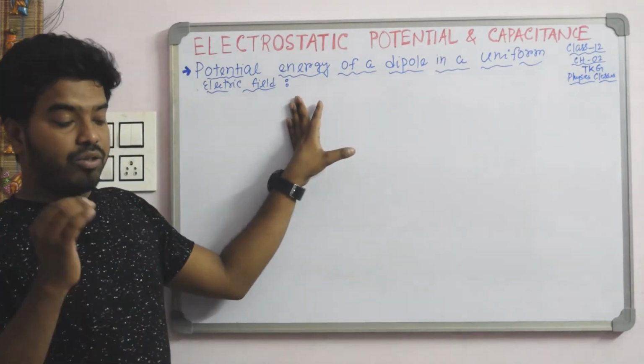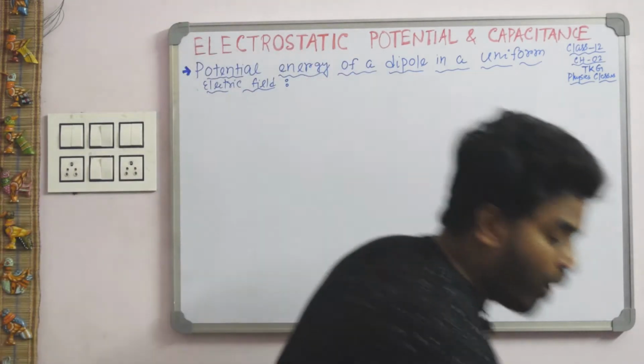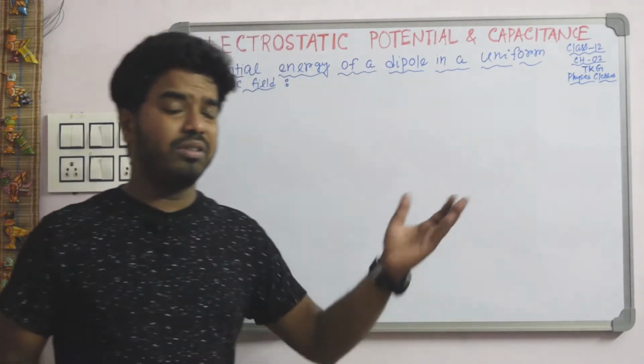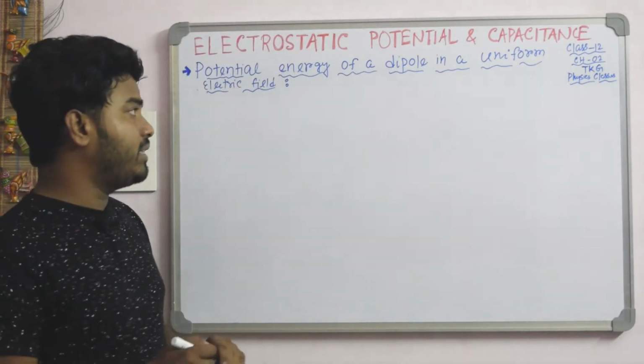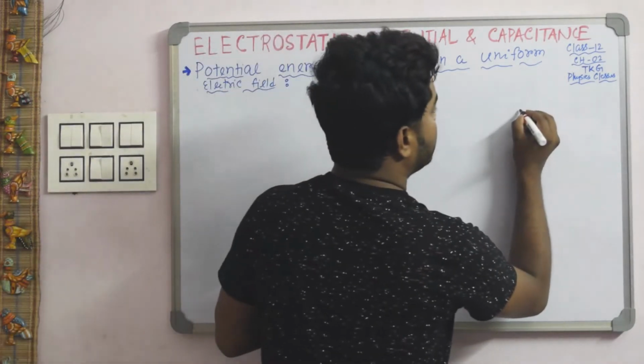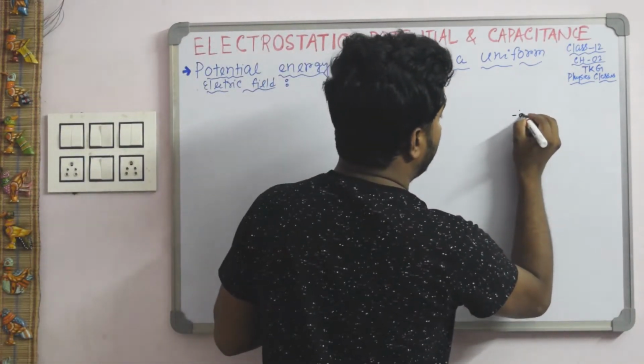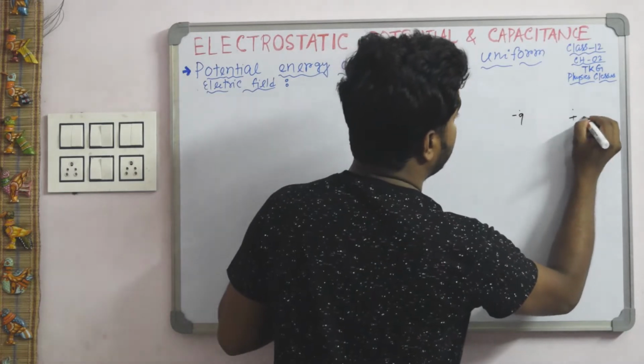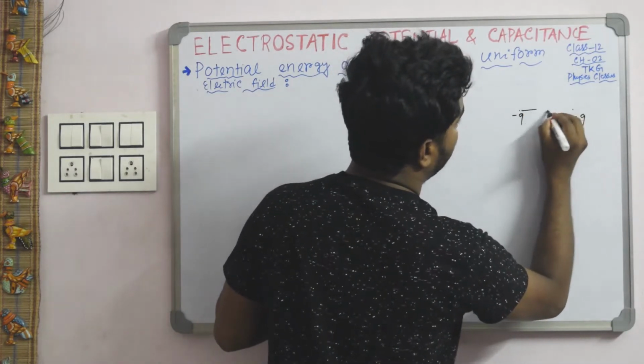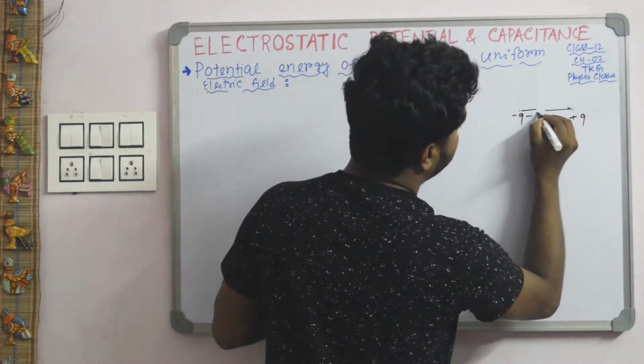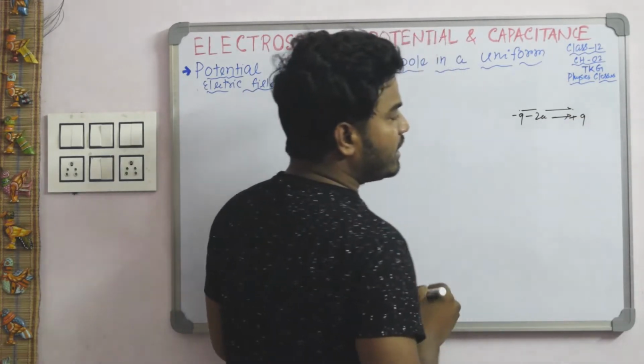So first of all, you have to know what an electric dipole is, which is in chapter 1. It is equal and opposite charges, a minus q and a plus q charge, separated by a small separation, suppose 2a, so they form an electric dipole.